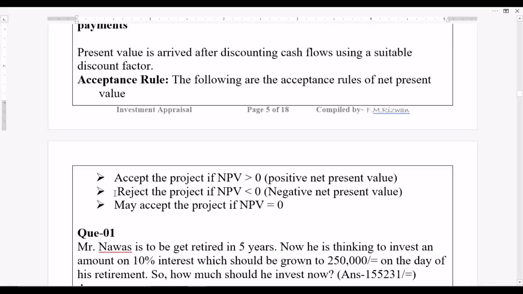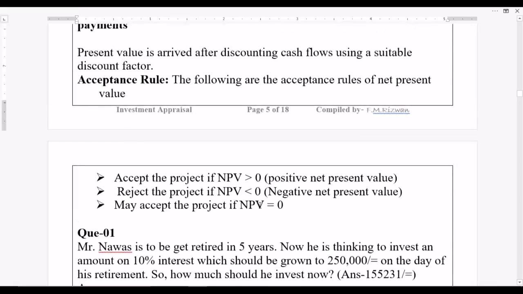We have to reject the project if net present value is less than 0, that means negative net present value. We may accept or not accept the project if net present value is 0. Right.